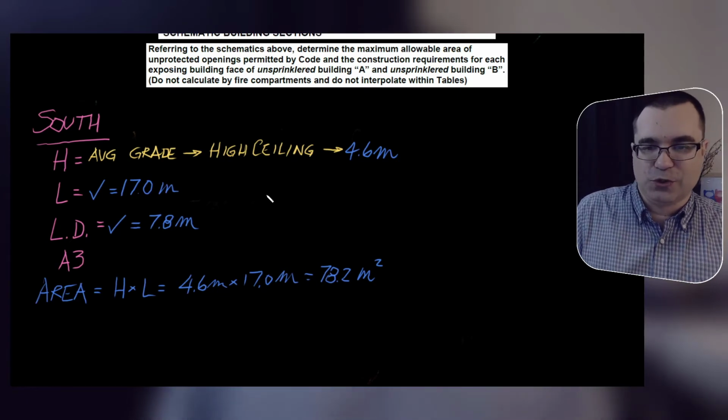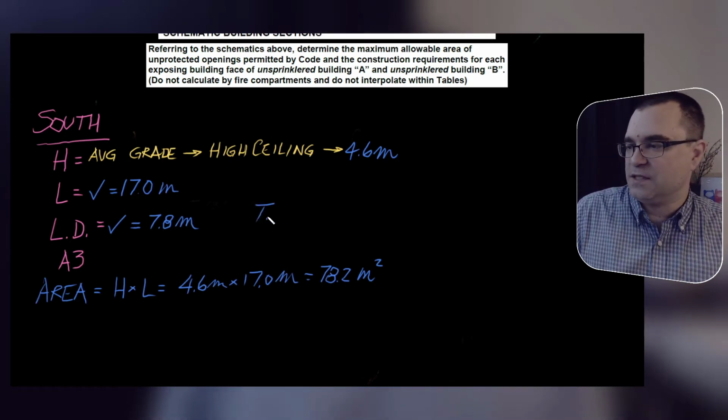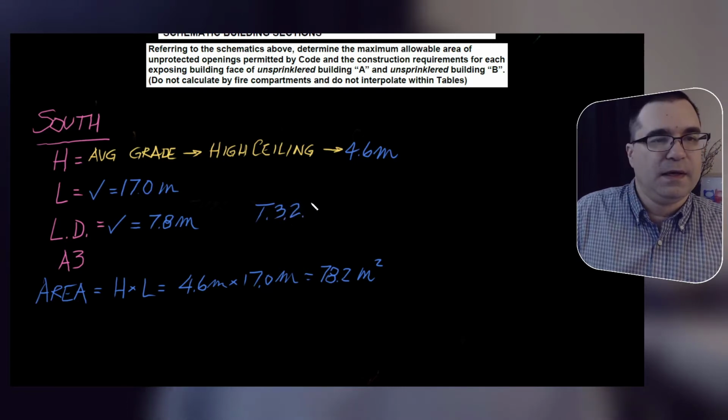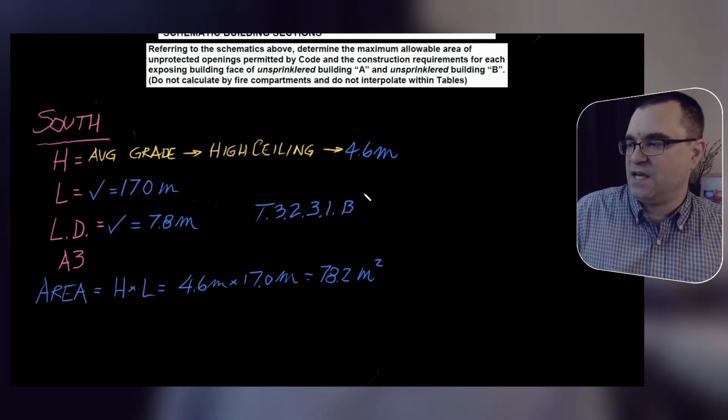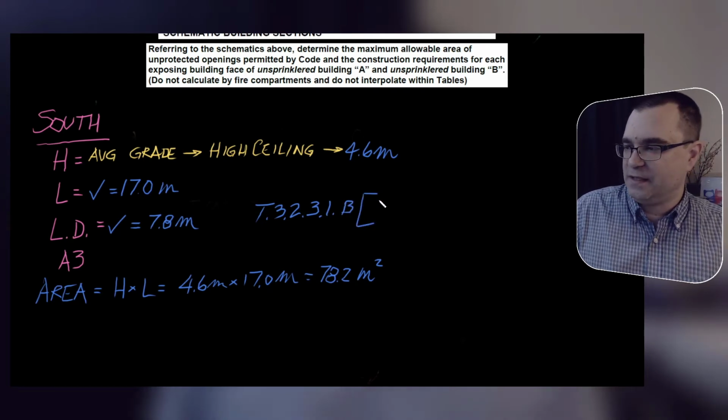And what we also learned is that the table we're going to be using is 3.2.3.1b. And we use this table because the building under consideration is unsprinklered, right? No sprinklers.